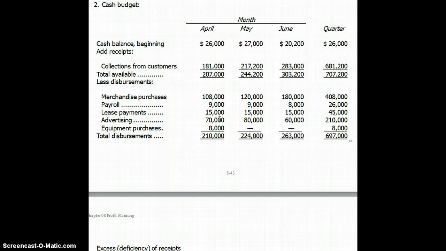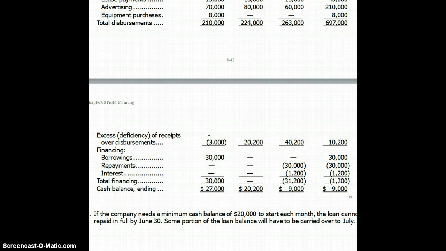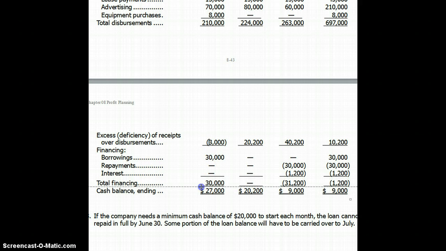However, they won't be paid for until May. We are in the month of April going to pay for the merchandise purchases made in March, which total $108,000. So total disbursements add up to $210,000. Subtracted from our cash available of $207,000 leaves us a deficiency of $3,000. Add our borrowings of $30,000, we end up with an ending cash balance of $27,000.